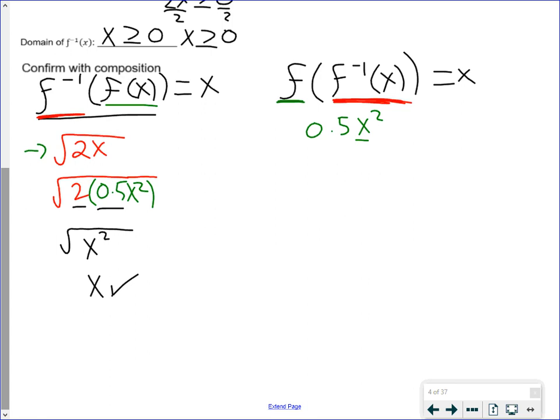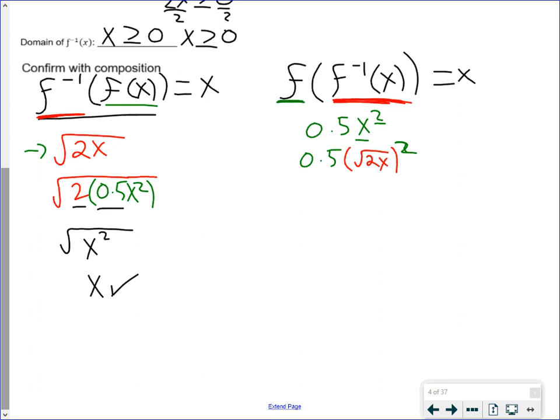So we end up getting 0.5, and instead of our x value, we put our f inverse function, which is the square root of 2x, all raised to that square. We still bring down the exponent. That's not a variable, so we keep it there. So it becomes 0.5 times the square root of 2x, all squared.